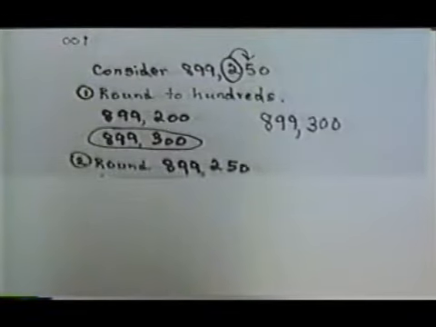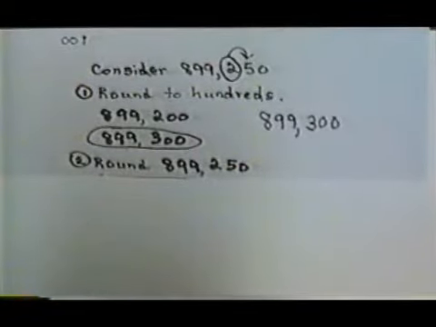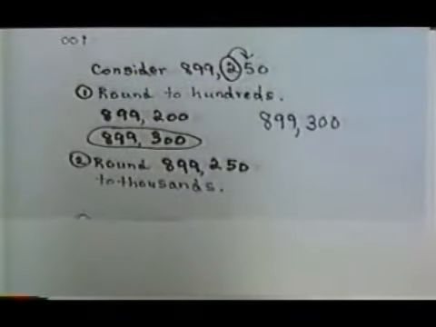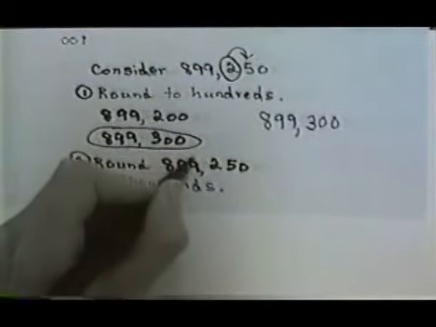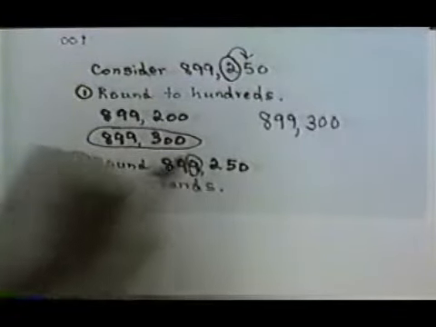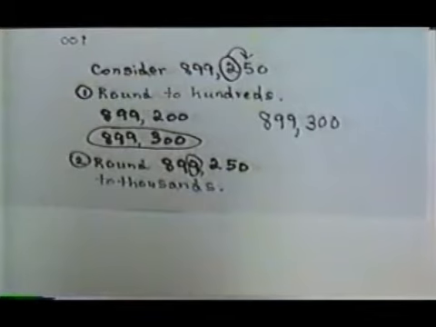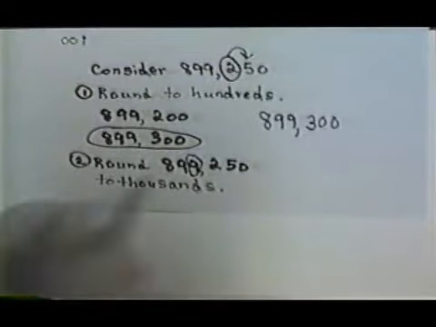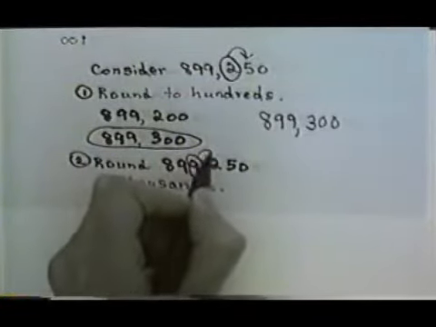Okay, let's look at another one. Let's round this one, 899,250, to thousands. This first 9 would be in the thousands place. This time, let's do it by just looking at the digit to the right.